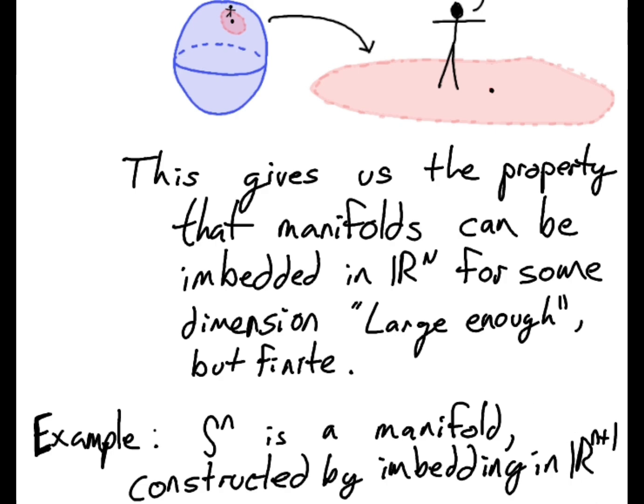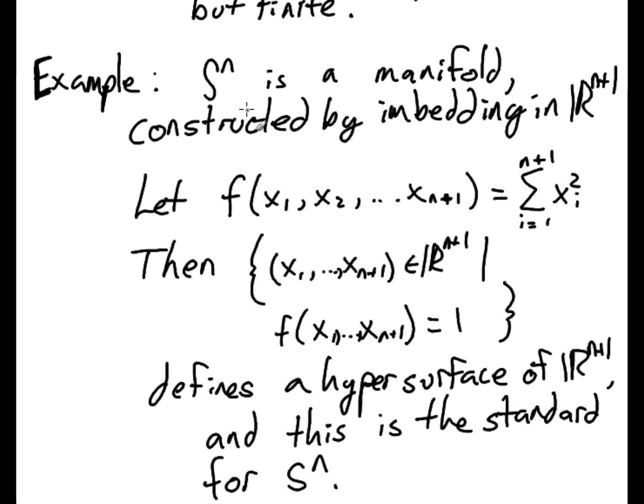So the n sphere Sn, that's a manifold, and we usually construct that by embedding it into one more dimension. We look at the unit ball in n+1 dimensions, and we look at just the surface of it.